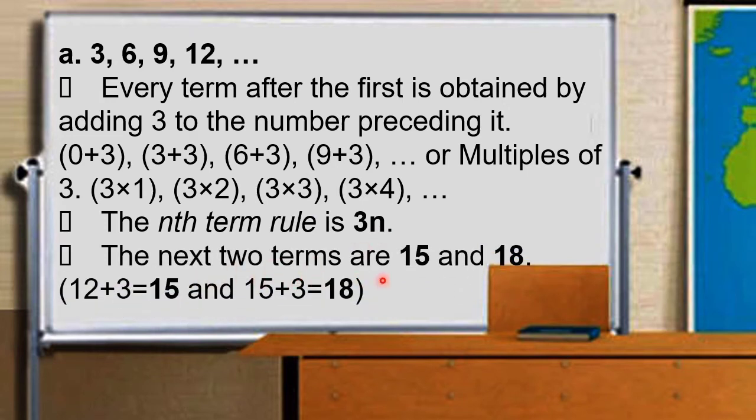The next two terms are 15 and 18. So, dito sa 12, para makuha natin yung next term, mag-a-add tayo ng 3 kay 12. So, 12 plus 3 equals 15. Para makuha natin yung next term, mag-a-add tayo ng 3 kay 15. So, 15 plus 3 equals 18. So, ang ating sequence ay 3, 6, 9, 12, 15, 18, and so on.